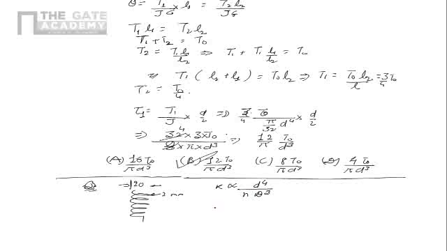So let's say K1 is proportional to 2 to power 4, the wire diameter, divided by the number of coils, 10, and the mean coil diameter, 20 cube.